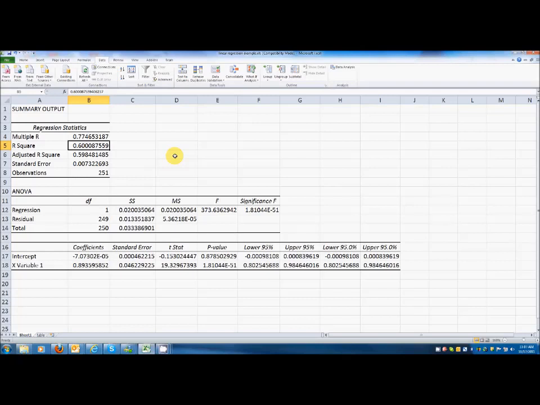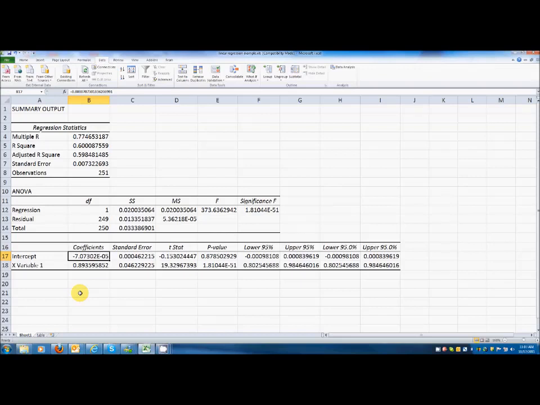Okay, now we're going to go down here and we've got the intercept. This is the y-intercept, but we said there wasn't going to be a y-intercept, so this thing should be really close to 0, and it is. First of all, don't be freaked out by the E-05. It's E minus 05. All that means is the number in front of that multiplied by 10 to the negative 5th power.